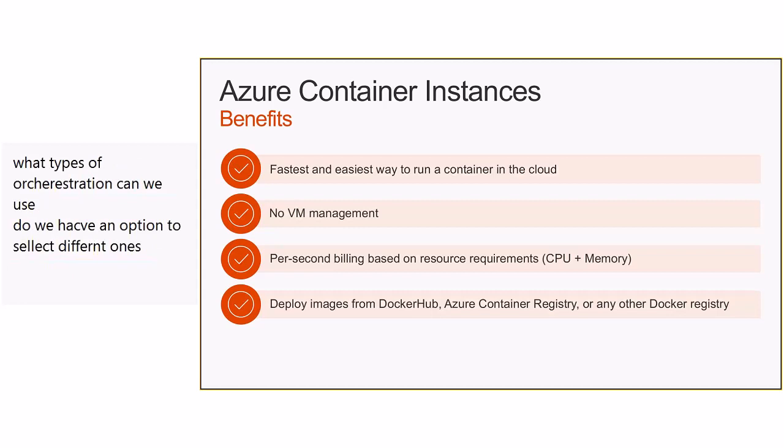This is for those burstable scenarios where you don't want to have extra capacity always left in your container service to burst out, but you want to use these container instances for that burstable capacity. Okay, and by the way, we will talk about that as well.